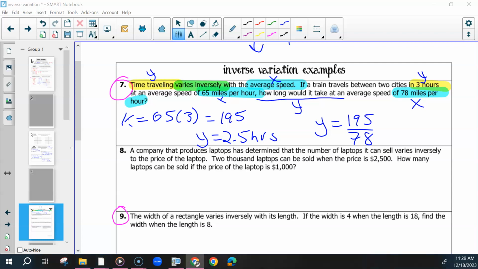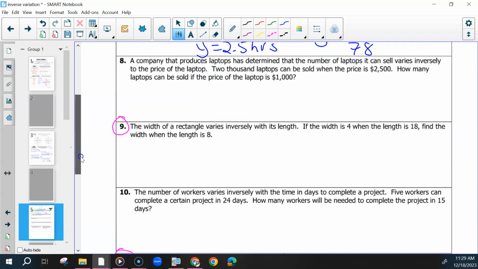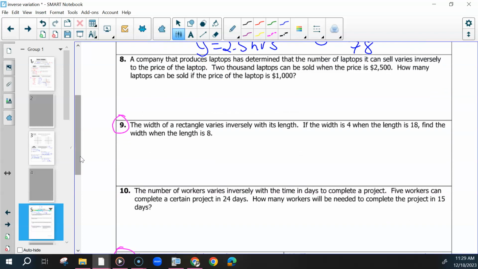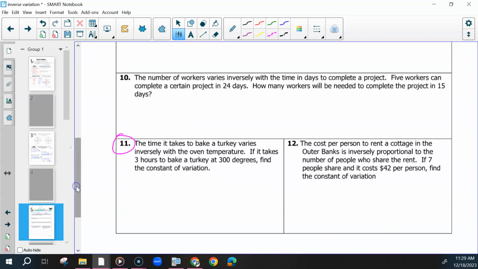Alright, let's do, I'll let you guys choose because all of these are really solving for y. So 8, 9, or 10? 10. Okay. So for 10, the number of workers varies inversely with the time in days to complete a project. 5 workers can complete a certain project in 24 days.